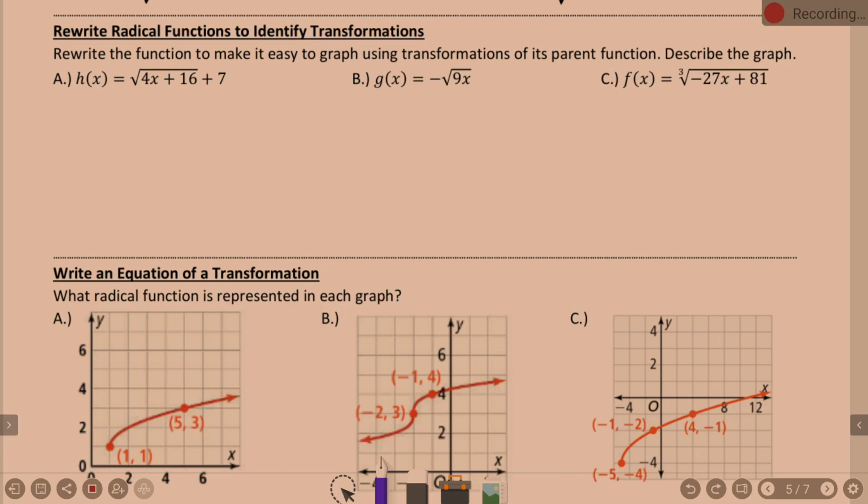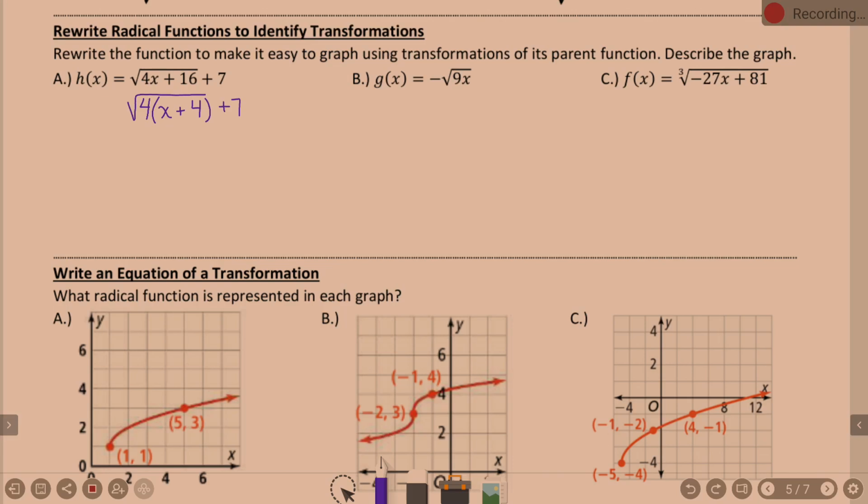What we're going to do here is we're going to take, under that radical, think GCF. They both divide by 4, so I'm going to factor out the 4. And when I factor out the 4, 4x divided by 4 is x, plus 16 divided by 4 is 4. And then the plus 7 is still just hanging out outside. Now, here's the nice part.